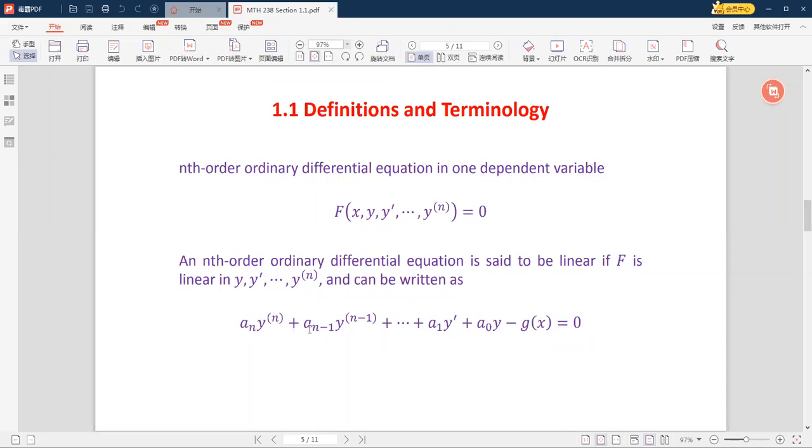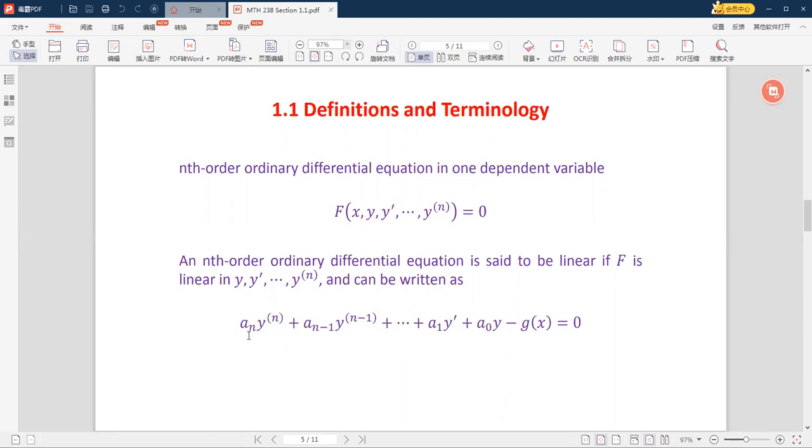In all of those terms, the derivatives of y, whether the nth derivative, the (n-1)th derivative, y prime, or y itself, are linear in this equation. We don't have the square or cube of any of those derivatives; we don't have any powers more than 1. All of the powers of those derivatives are 1, including y itself. This is called linear.